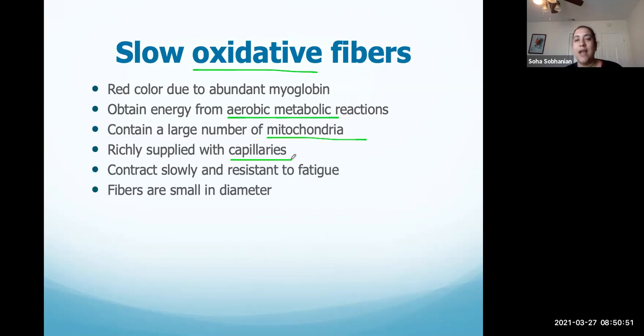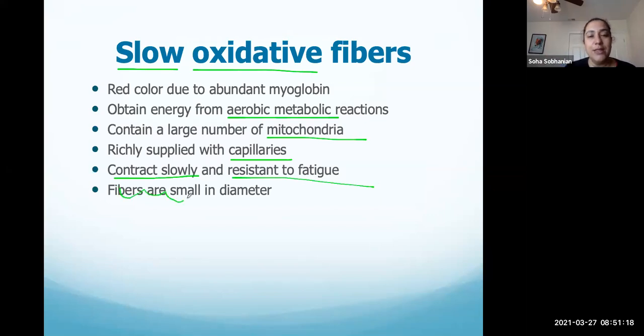Because blood vessels carry oxygen for me. They bring the oxygen, give it to my cells, and my cells use it to make my ATP. So the word slow means they're going to contract what? Slowly. So they are resistant to fatigue. It takes a while for them to get tired.